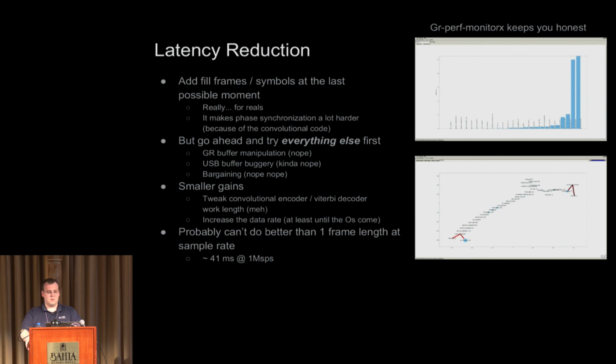So getting into some of the problems and how we solved them. Latency reduction: basically, add your fill frames at the end. GNU Radio has all sorts of buffers, and it doesn't matter how you try to solve this. If you try to mess with GNU Radio buffer manipulation, that was my first approach.